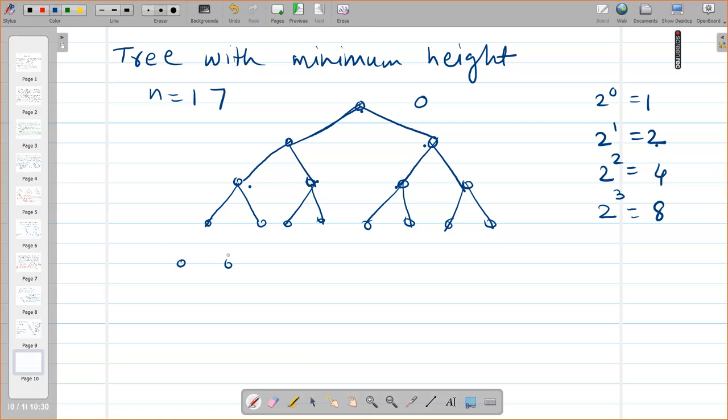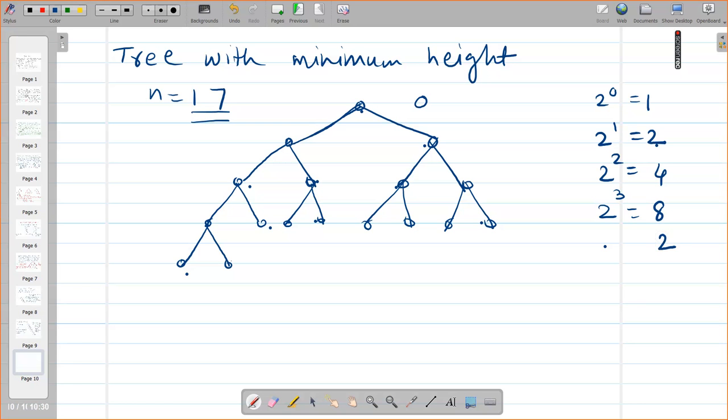And now only 2 are remaining. So anywhere you can put these two. Either at this vertex or this or this or this. You can take out the two branches from any vertex. So here we are not utilizing the full capacity. At the last level, I am not utilizing the full capacity because my number of vertices is 17 only. I cannot exceed that.